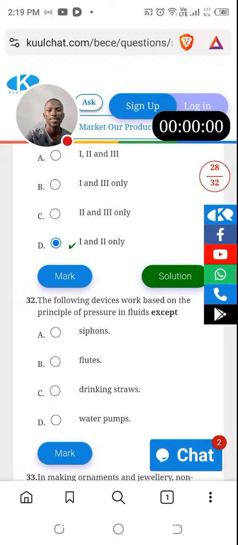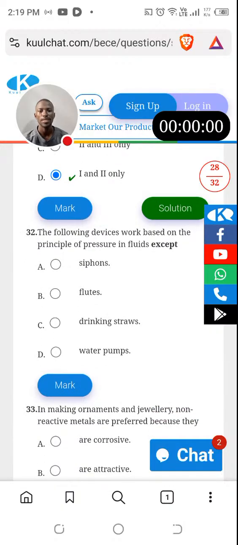Well, question number 32. The following devices work based on the principle of pressure in fluids, except water pump, drinking straw, flutes, siphons.